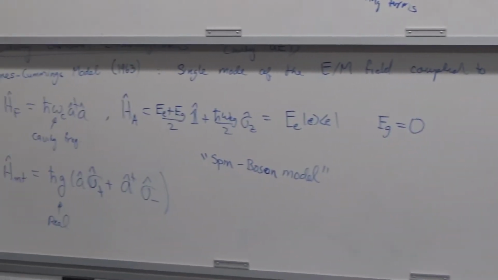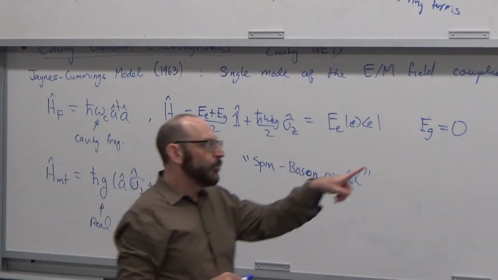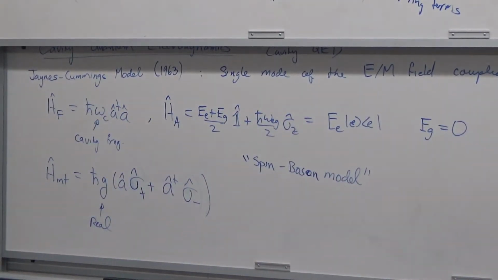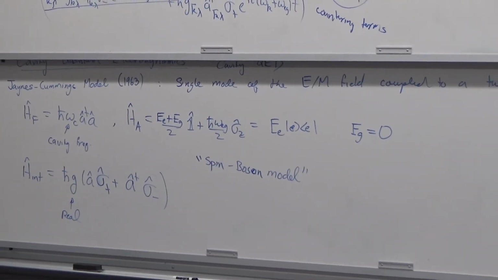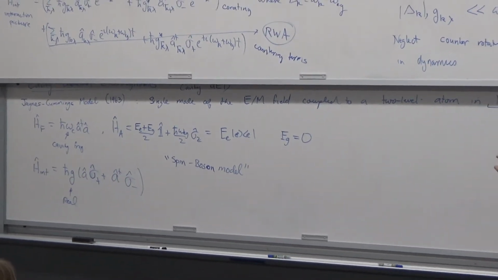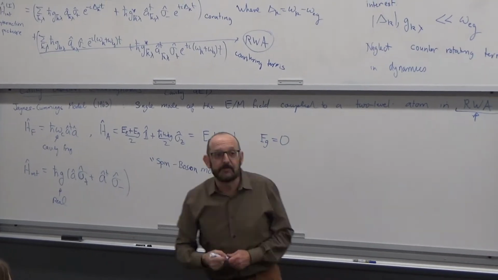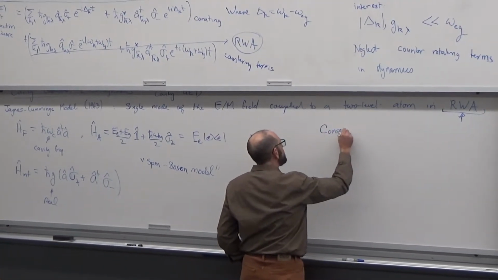All right, now there's a very important situation which happens when we have this rotating wave approximation, is that there's a new symmetry that has been introduced into the system that wasn't present before we made the rotating wave approximation. And that symmetry is related to a conservation law.